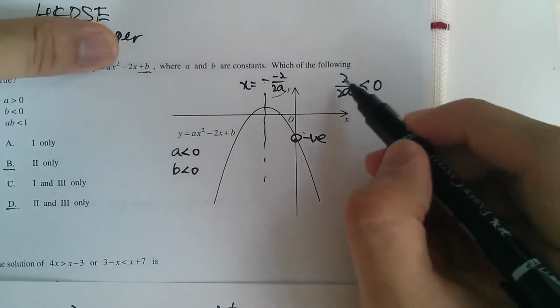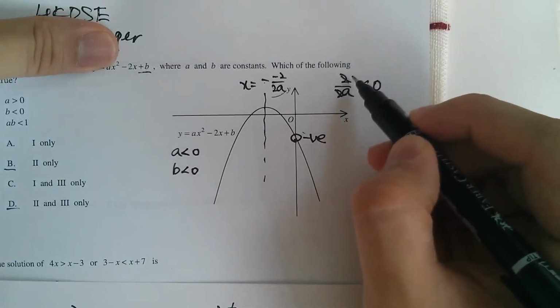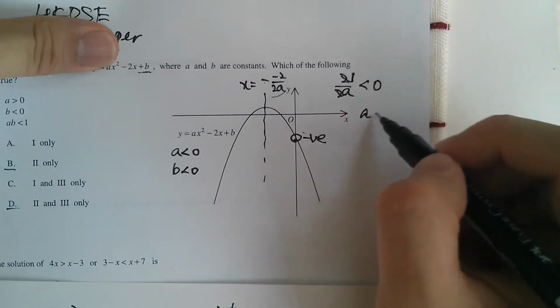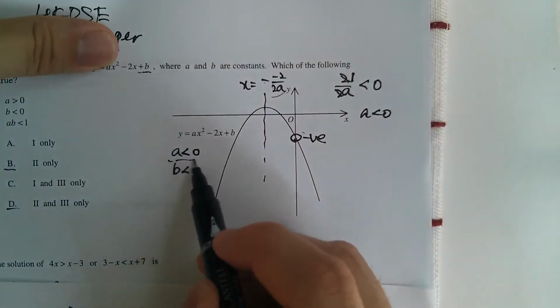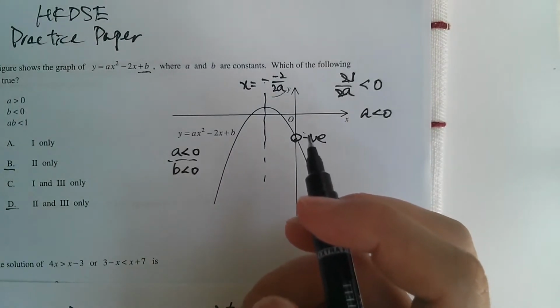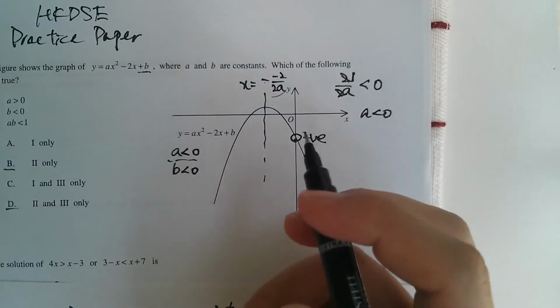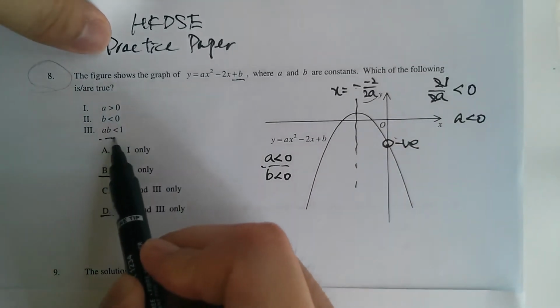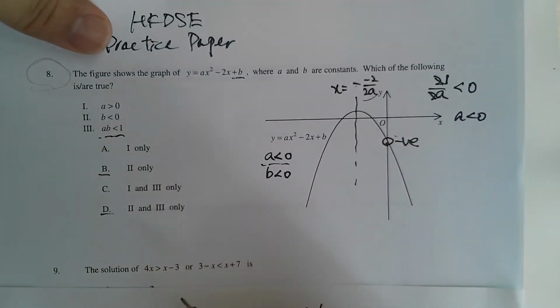Well, that doesn't tell us much because negative 2 and 2 cancel out. It's 1 over a. 1 over a is negative, means a is negative, which we kind of knew already. So this time the axis of symmetry doesn't help. But really, this is what you should know, and you should try anyway. So how do we do this 3?